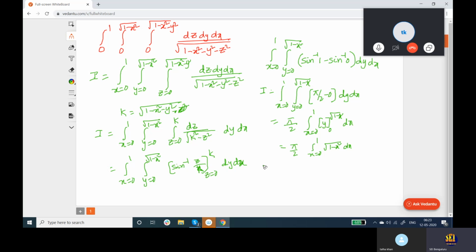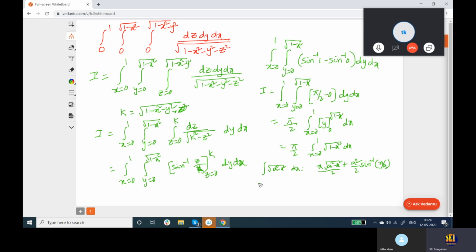Yes. Now, what can we say about the formula for the integral of square root of a square minus x square? It is x into square root of a square minus x square by 2 plus a square by 2 sine inverse of x by a.